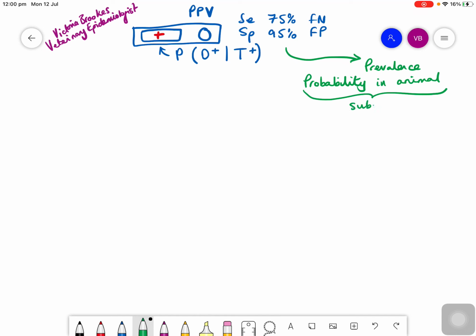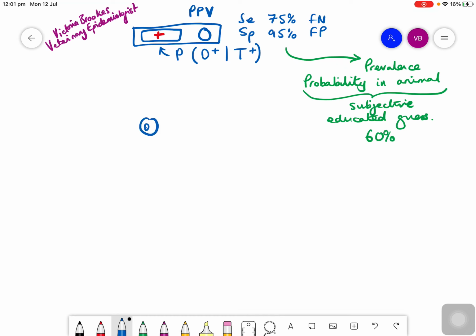Even though it's subjective, we make an educated guess about our pre-test probability. So let's say that we're 60% certain, given what we know so far, 60% probability or 60% prevalence of disease in this particular situation.